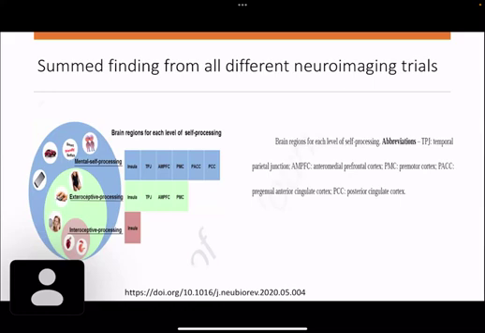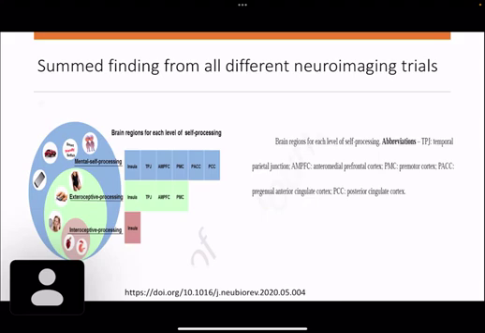Some findings from all different neuroimaging trials have shown that mental self-processing would involve insula, temporoparietal junction, anterior medial prefrontal cortex, premotor cortex, regional anterior cingulate cortex, and posterior cingulate cortex.